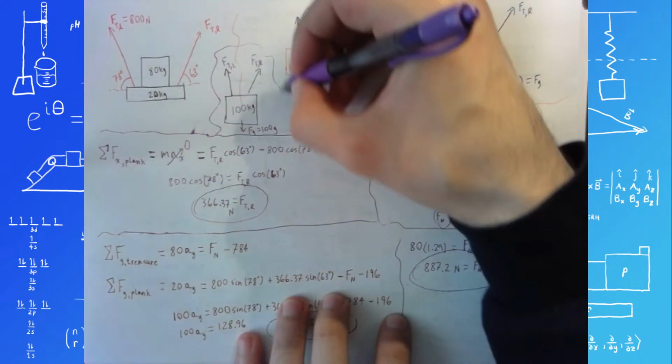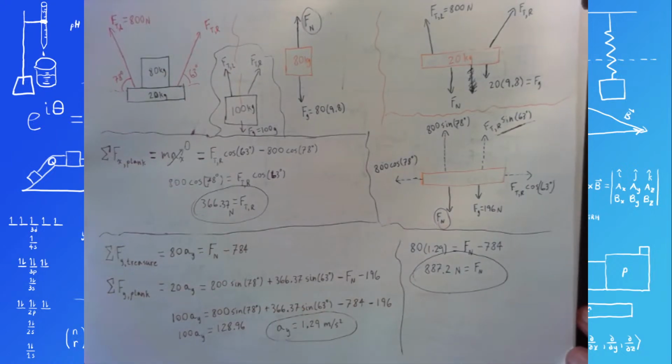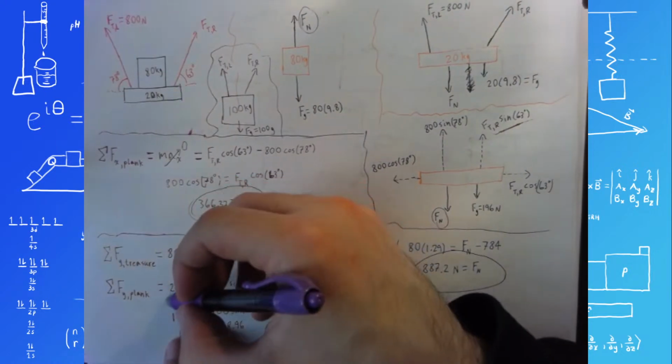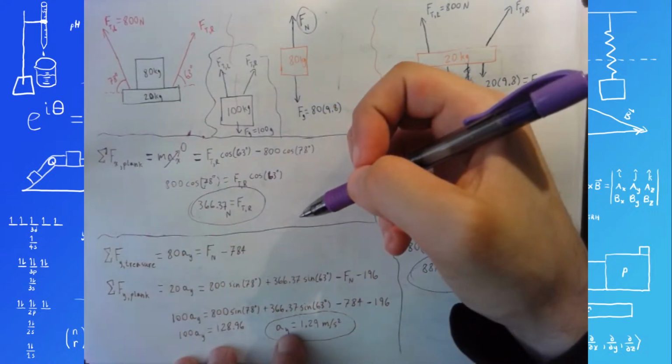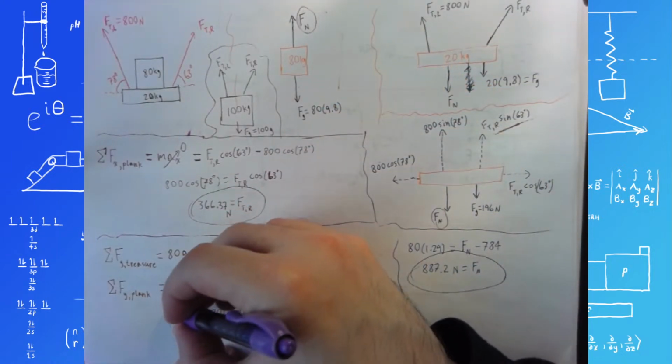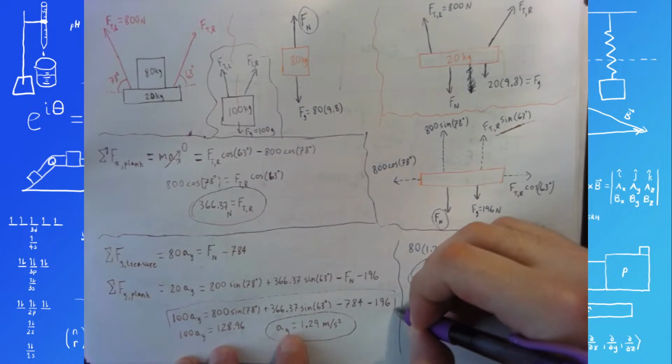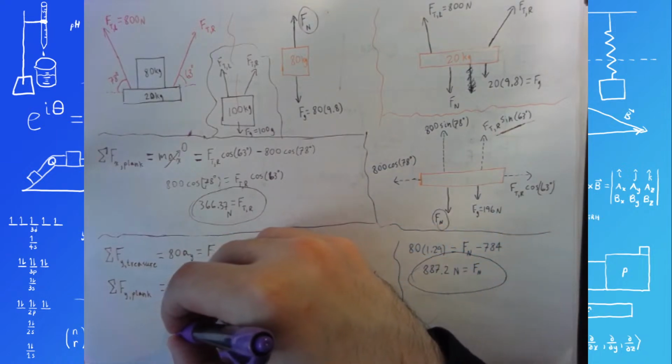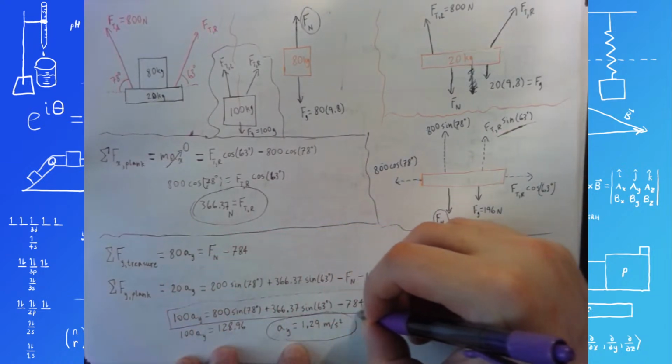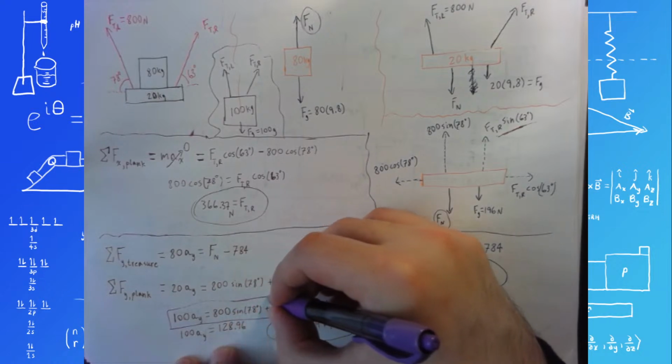You can actually see that in, let's see, in here. If I were to, well, actually I did do it right over here. When I added the two equations to each other, I got this expression.